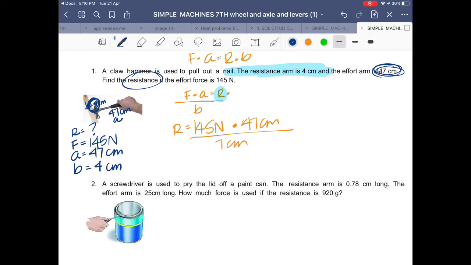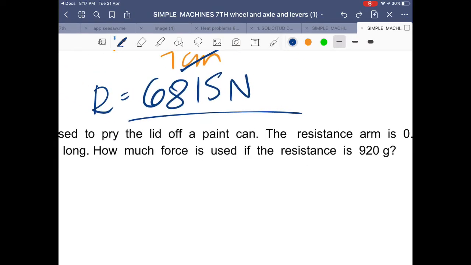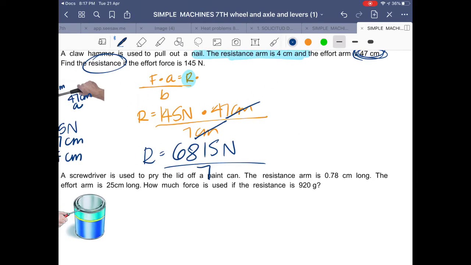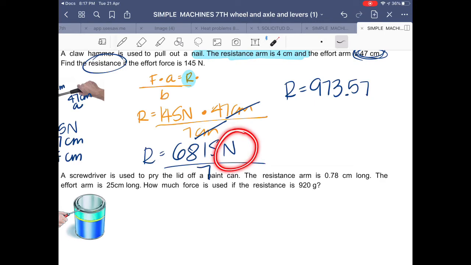The unit that will cancel is centimeters with centimeters. So your resistance will be equal to 145 times 47, 6,815 newtons divided by 4. You have a resistance of 1,703.75 newtons. And the answer will be given in newtons, because remember, if I give you newtons, you give me newtons. And this is your answer.